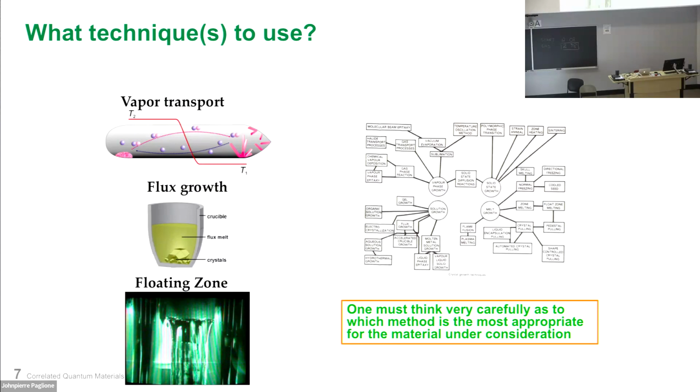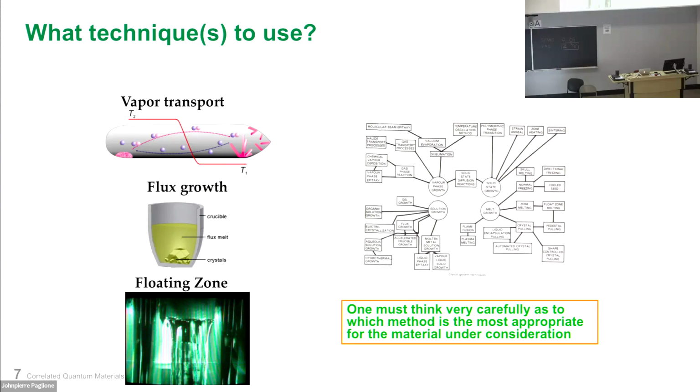And then there's the floating zone technique, which is good particularly for oxides, but also for a good number of intermetallic compounds as well. This is good for high melting point materials where you can't really use a crucible because the crucible will react with the material you're trying to grow. I'll talk a little bit about this later.